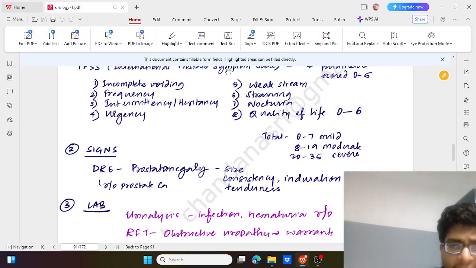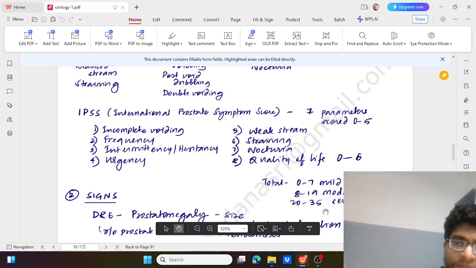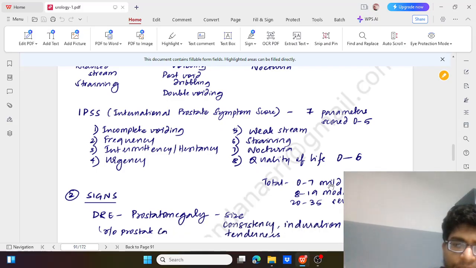Then we add all these 7 parameters, scored from 0 to 5. So maximum will be 35 and minimum is 0. So 0 to 7 is mild, 8 to 19 is moderate, and 20 to 35 is severe.